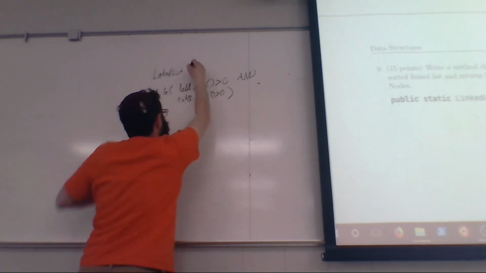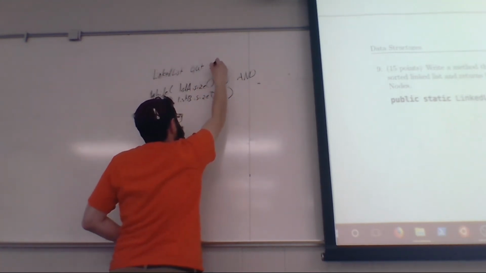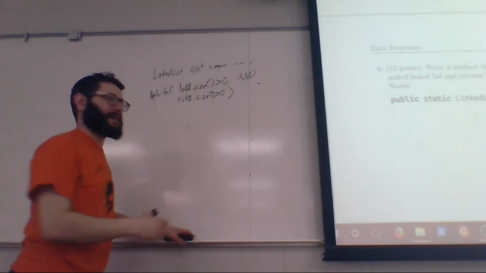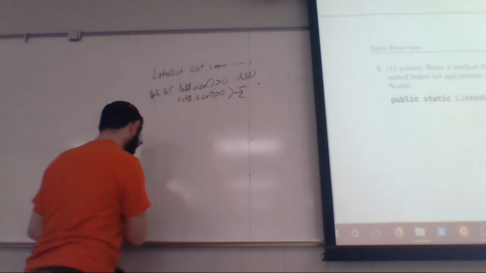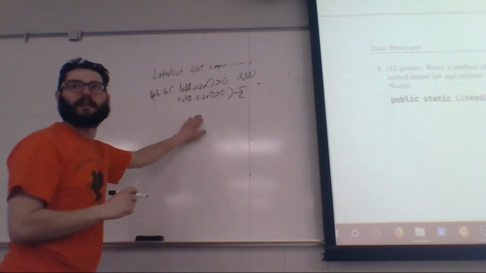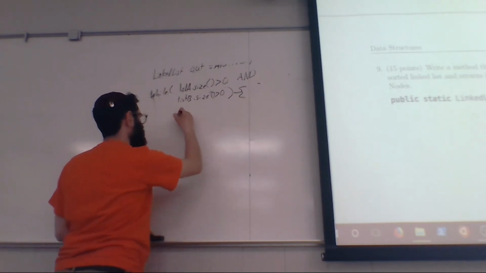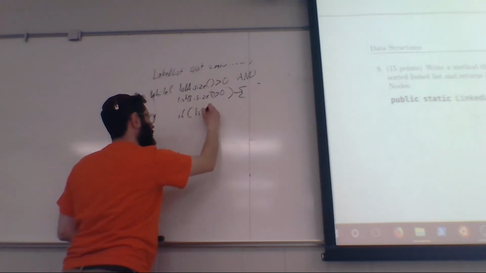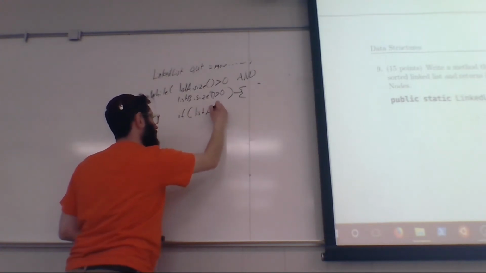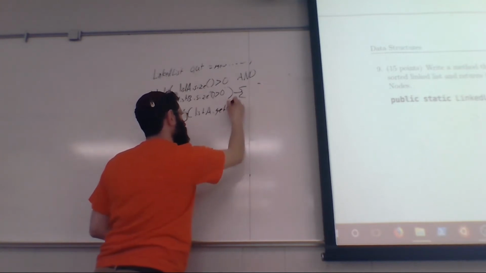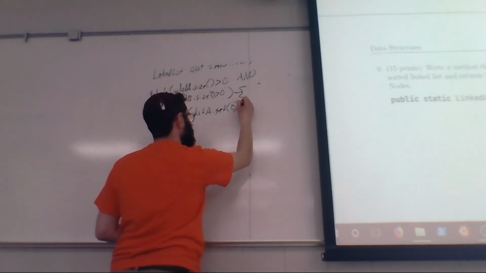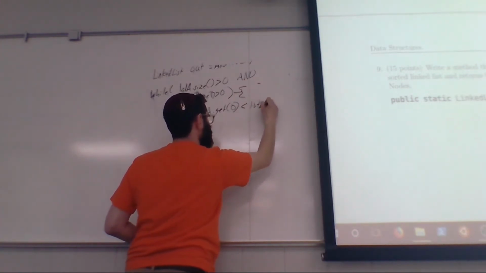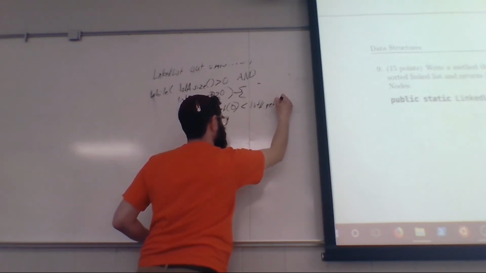I'll just call it out over here, where our output is equal to a new linked list, and so on. You can write it out on your own. So while there's still stuff in the linked lists, if list A dot get 0 is less than list B dot get 0.